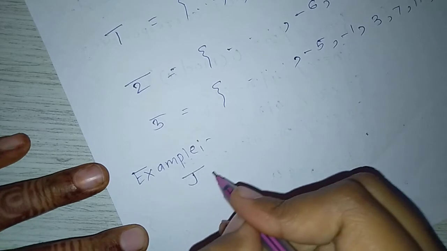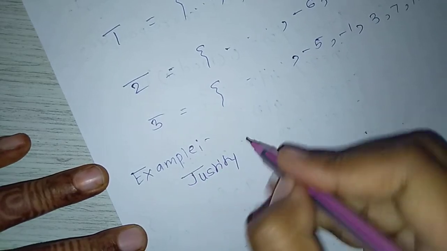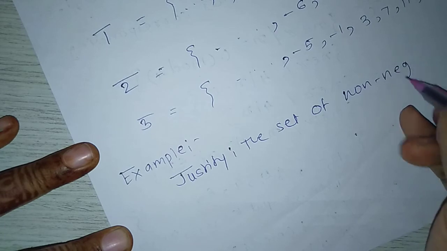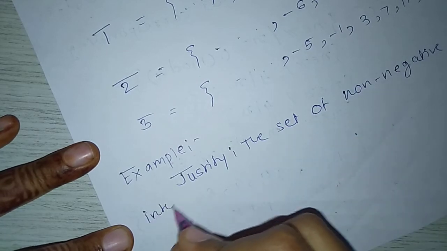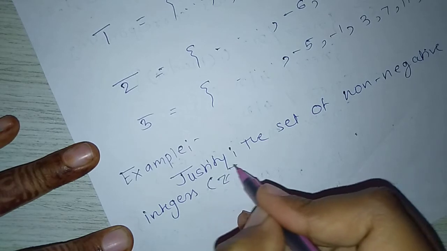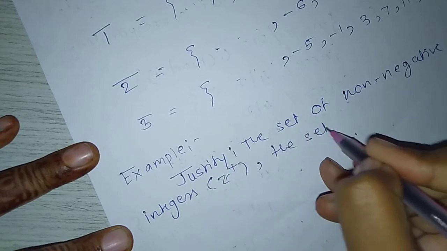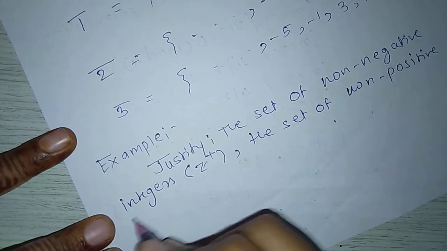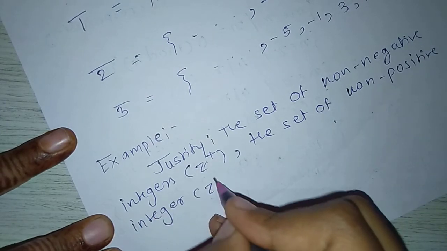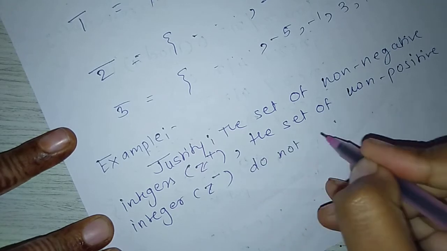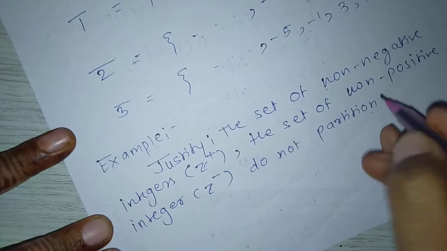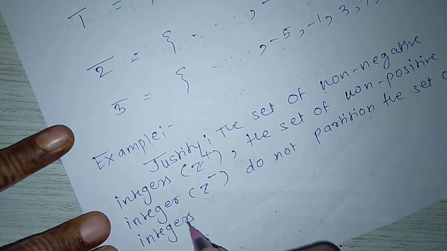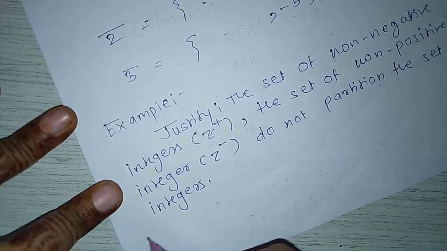Justify that the set of non-negative integers, Z plus, and the set of non-positive integers, Z minus, do not partition the set of integers. Solution.